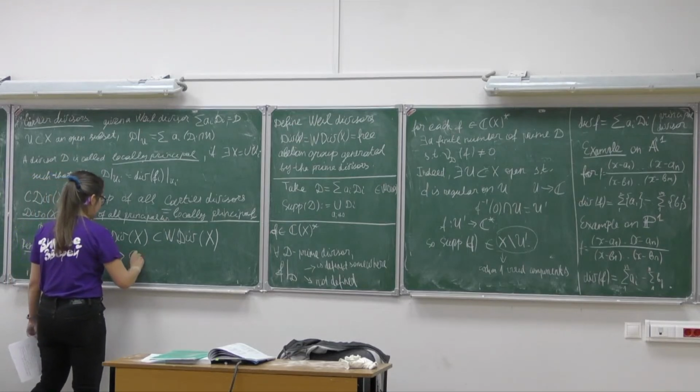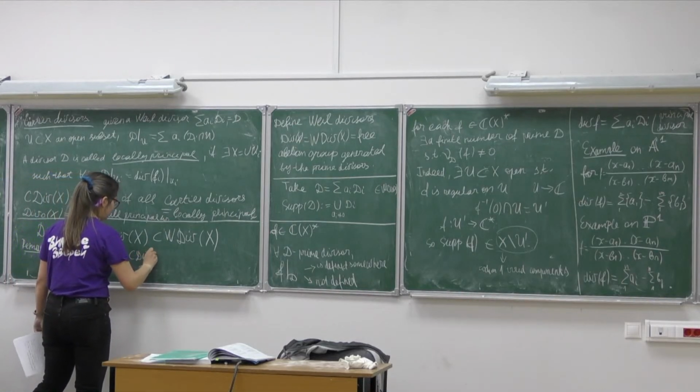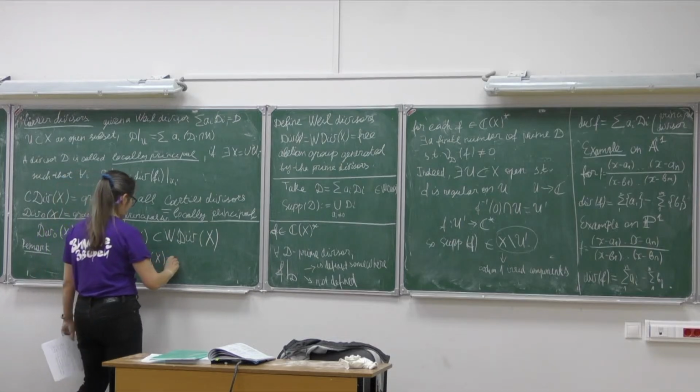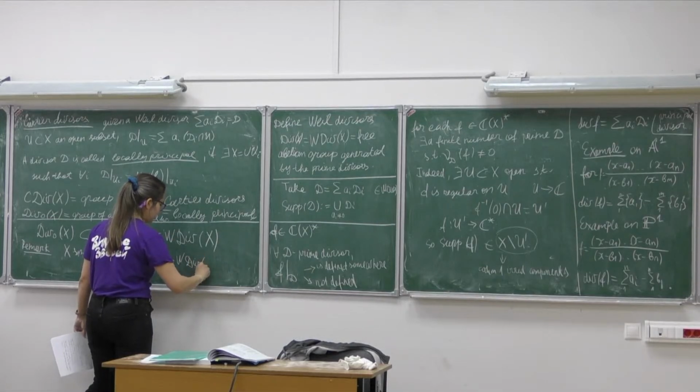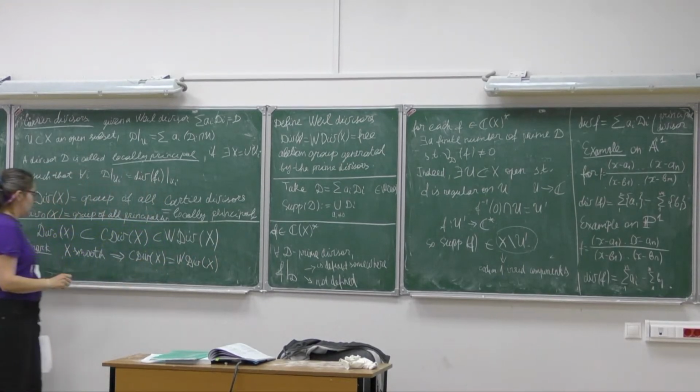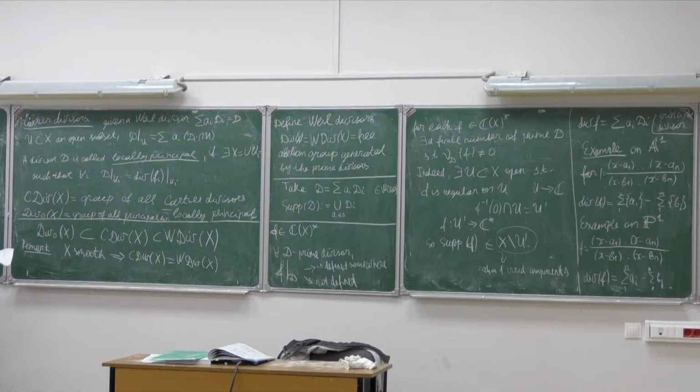In this case, the group of Cartier divisors equals the group of Weil divisors. But in general, they are not the same.